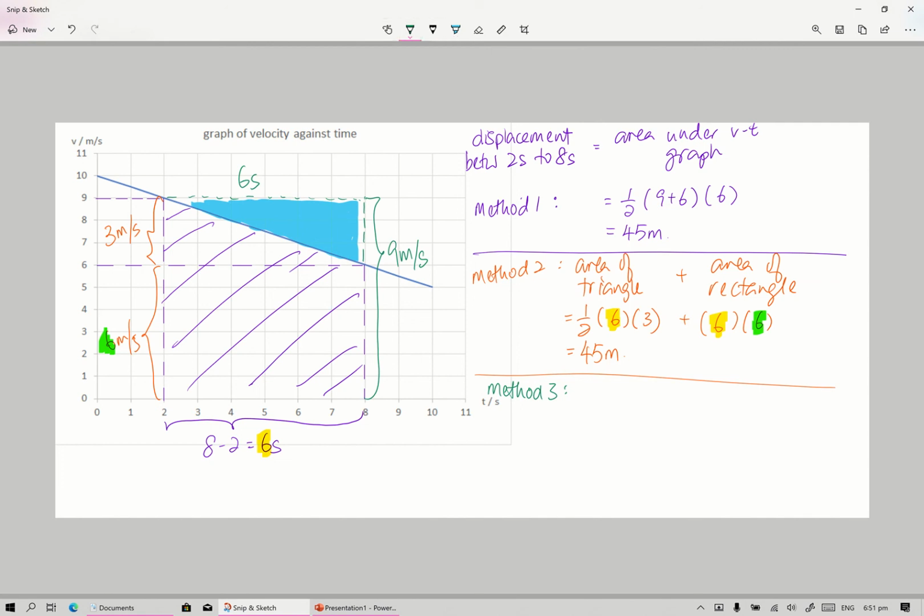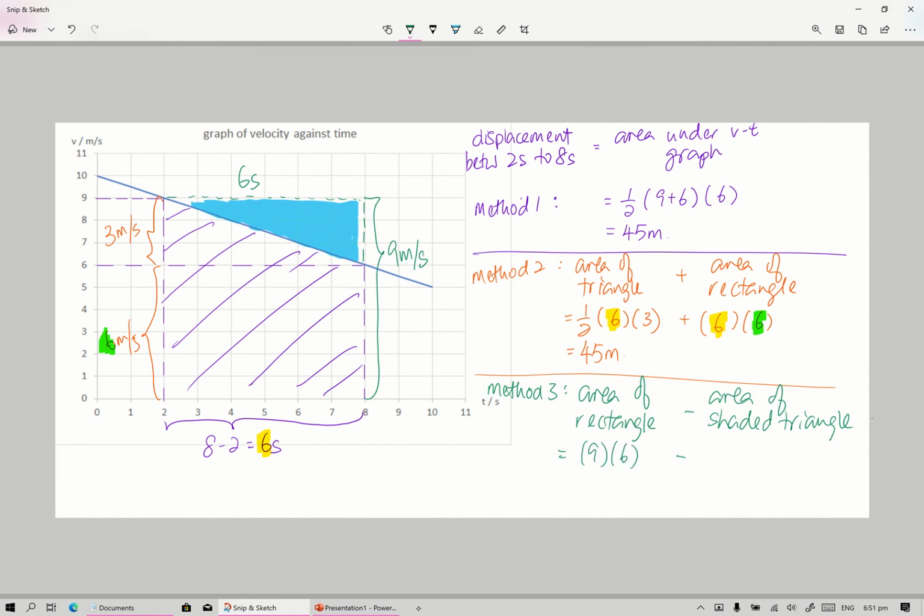So I have area of rectangle minus area of shaded triangle. Area of rectangle will be 9 times 6.